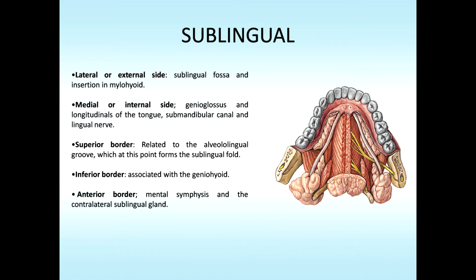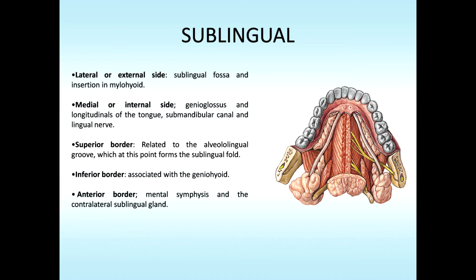We could also say that the sublingual gland has two sides: the lateral, related to the sublingual fossa and insertion of the mylohyoid muscle, and the medial, which is related to the genioglossus muscle and the longitudinal muscles of the tongue, the submandibular canal, and the lingual nerve.